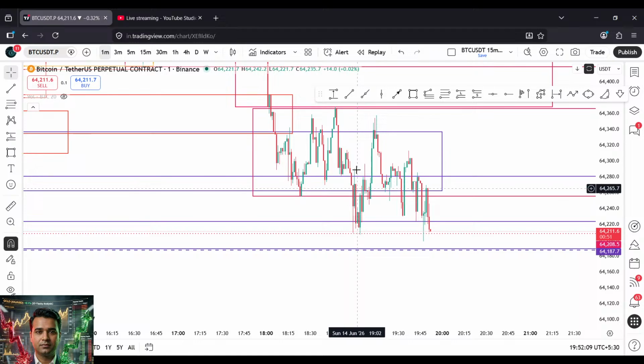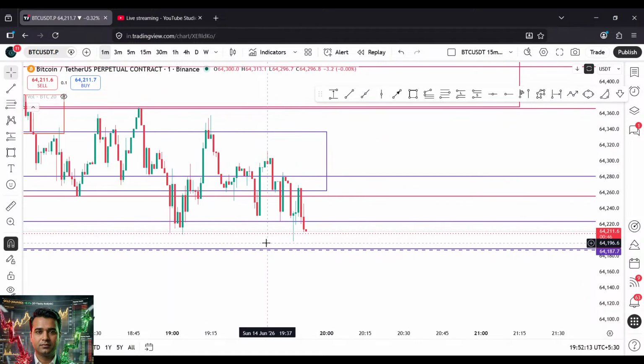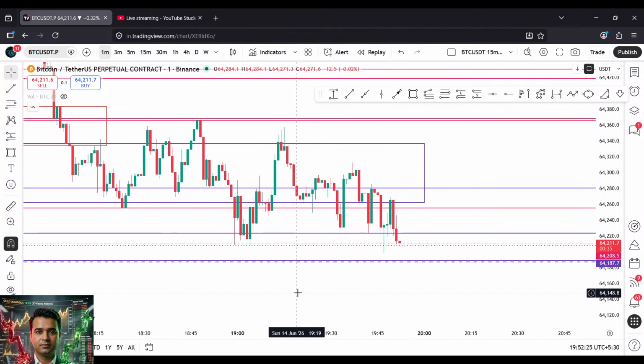Price came down, goes up, and then coming down again, like this. So now it is waiting game. Just wait.